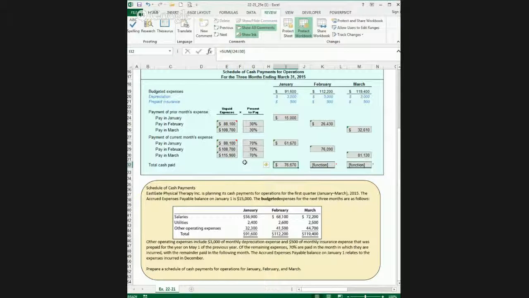Now, here's a shortcut. Since this is a repetitive type of operation, I can copy one formula to wherever I want to use that same formula. So let's copy the formula that is in cell I-32 to the other 2 months of the schedule. To effect the copy command, go to where you want to copy, push the right mouse button, click copy, move the cursor to where you want to paste to, right click, and then paste.